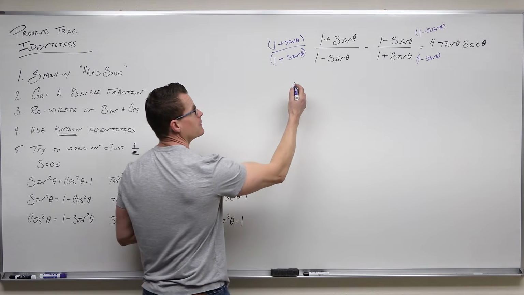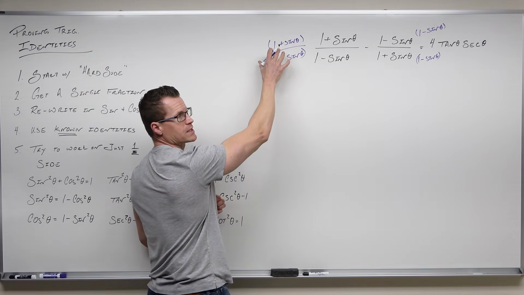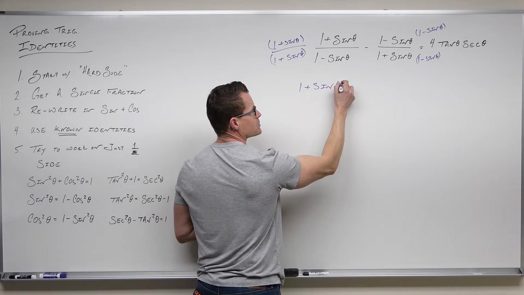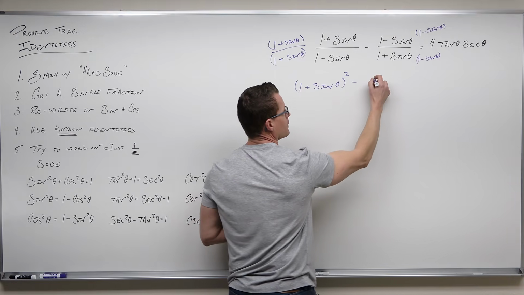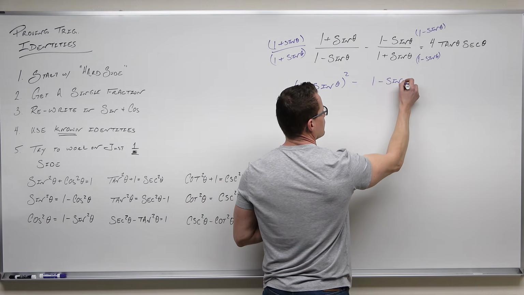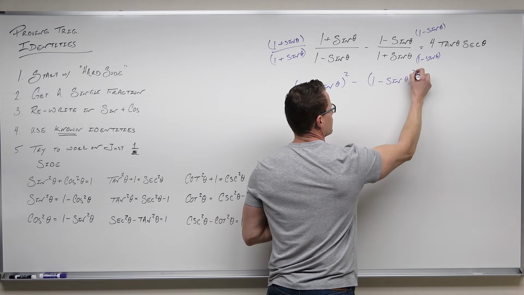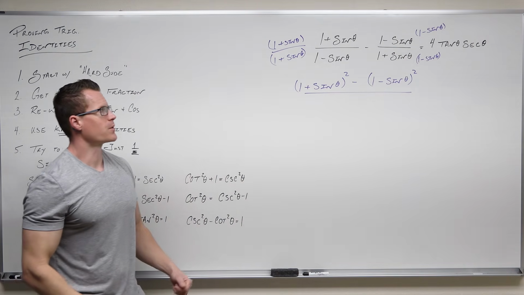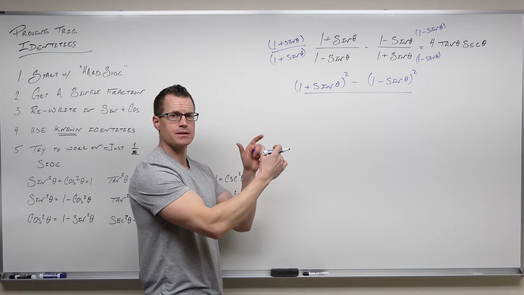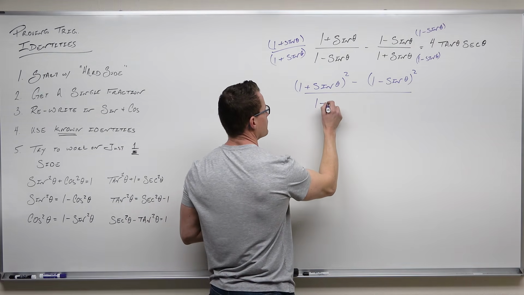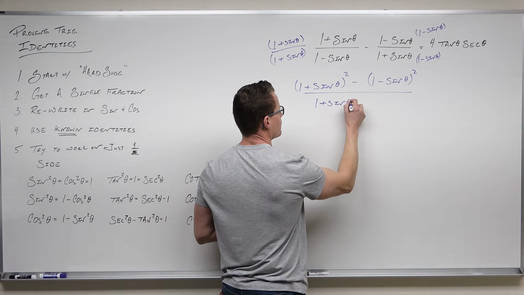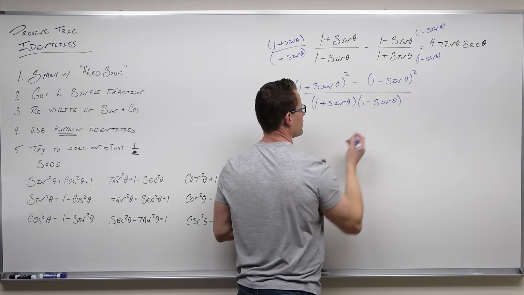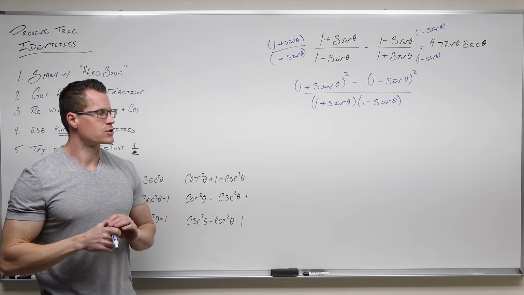So let's do that. 1 plus sine theta times 1 plus sine theta is 1 plus sine theta squared. Likewise over here, but on the denominator we get 1 plus sine theta times 1 minus sine theta. And we're going to go ahead and distribute that.